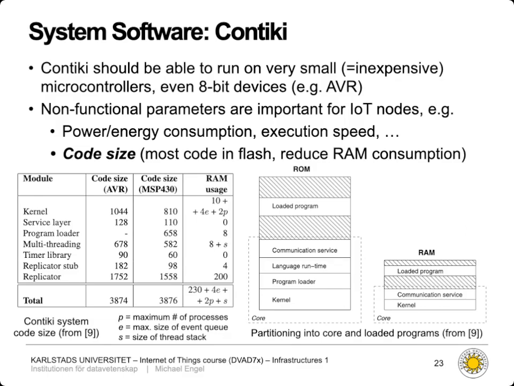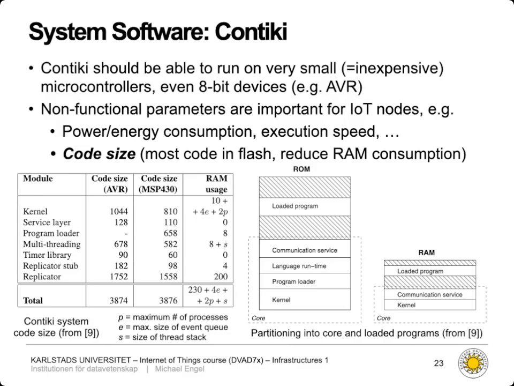For the MSP430, that's a Texas Instruments 16-bit microcontroller, you see the 16-bit controller makes your code a bit smaller because it can handle larger data a bit differently, but in the end it comes out almost the same, plus minus 2 bytes. The RAM usage is dependent on a number of parameters here, but you see this is in bytes. So this is very small, it has a base usage of about 230 bytes.